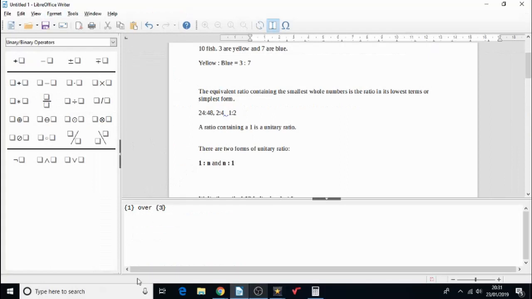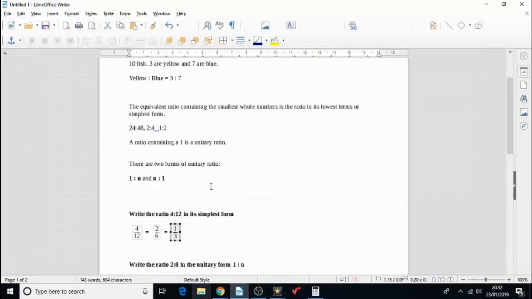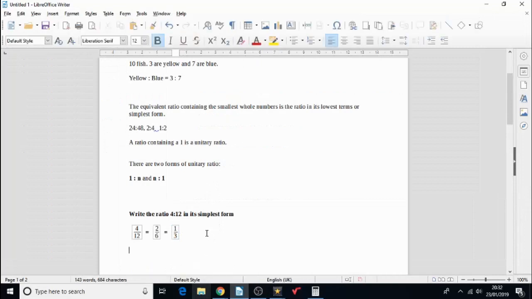Then you can put it back into its ratio form, 1 to 3. And 1 to 3 is 4 to 12 in its simplest form.